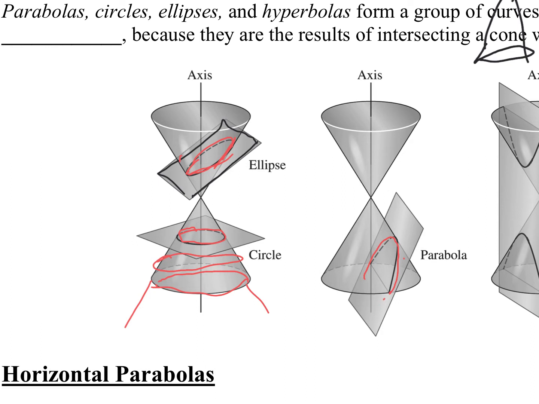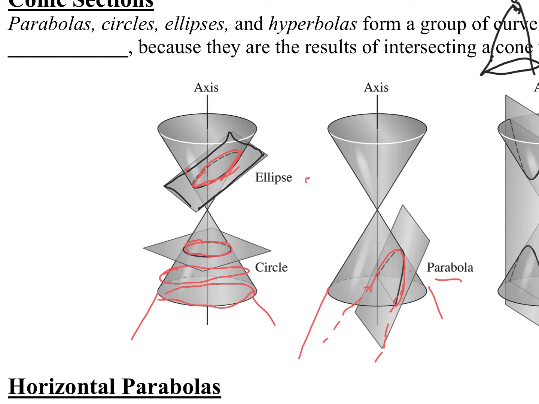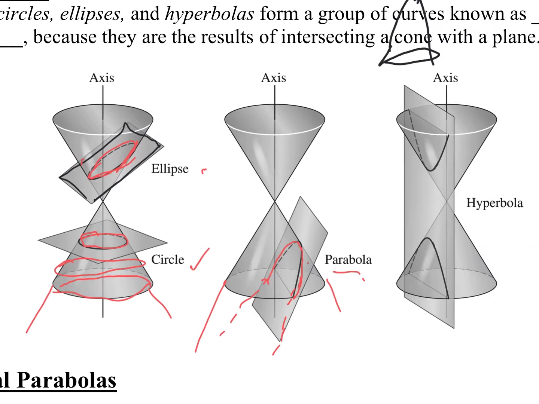But remember, the bottom keeps going forever because this keeps going. So anyway, you could picture it extending out. What's that look like to you? Parabola. So ellipses is new for you. Circles we did in chapter 2. Parabola you did in algebra.